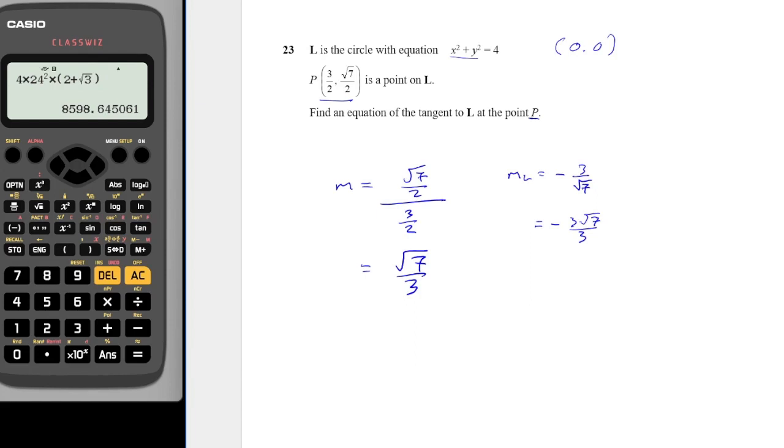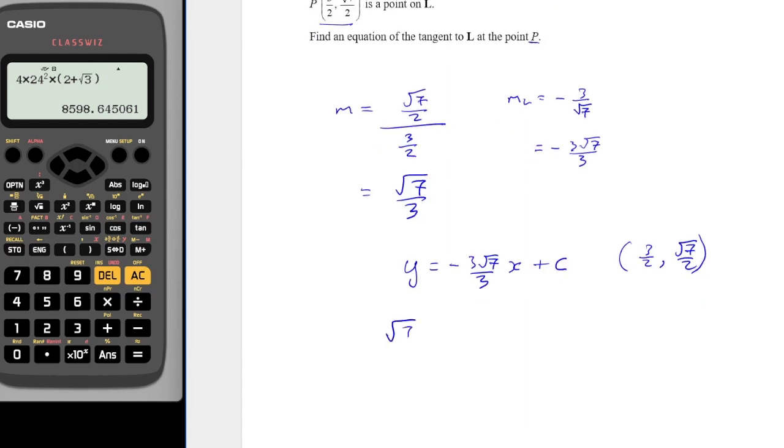So I'm going to say that y is going to be equal to minus 3 root 7 over 3 x plus c, and then I'm going to use the coordinate 3 over 2, root 7 over 2 to find my value for c.